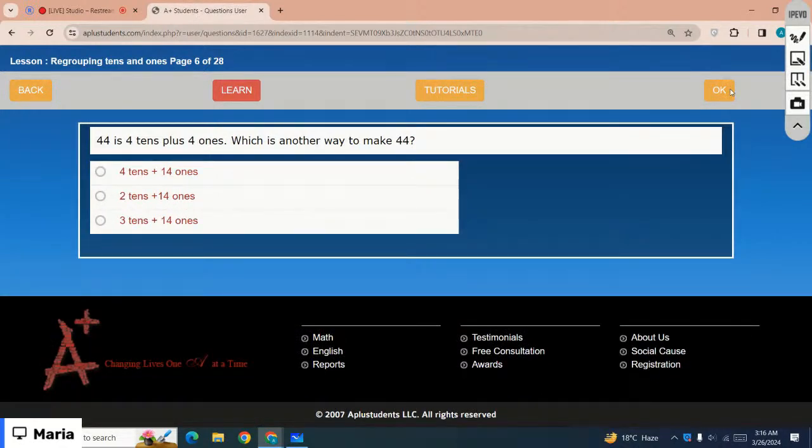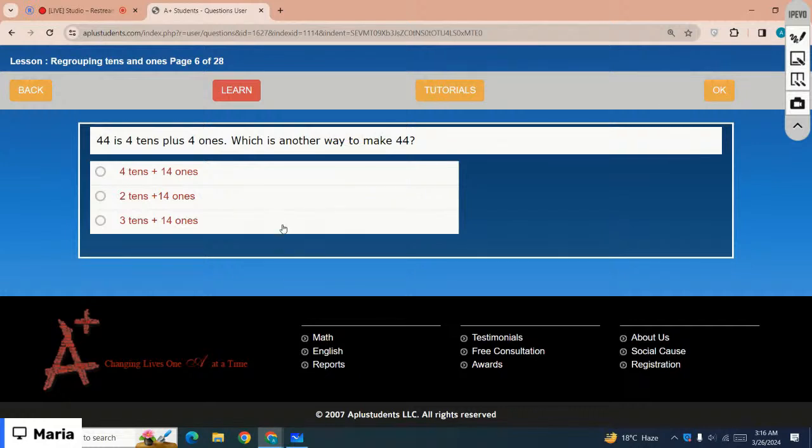44 is 4 tens plus 4 ones, which is another way to make 44, which is the correct option. That is 3 tens and 14 ones.